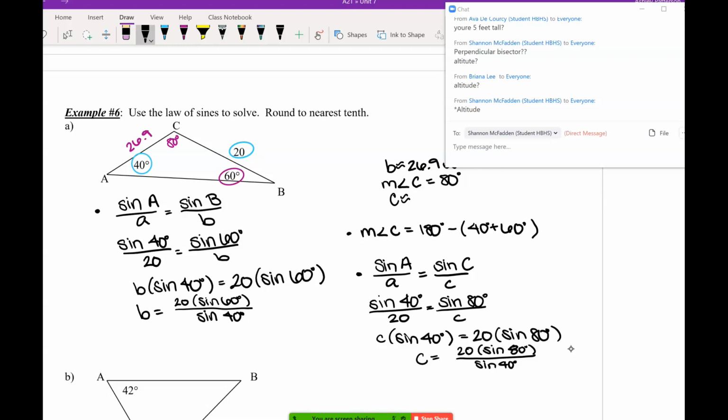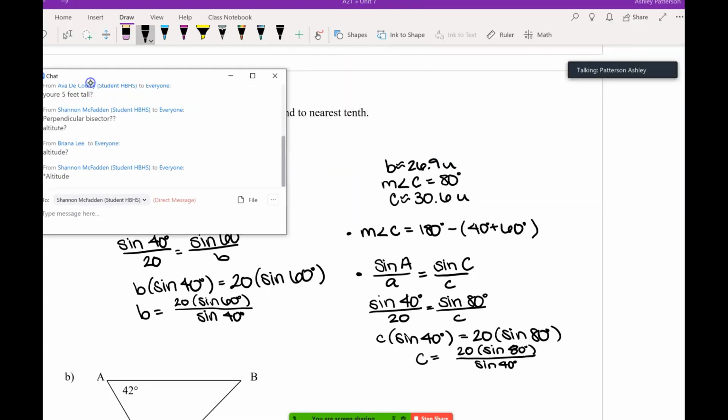Anybody? Nadia, are you typing? Yeah, it was 30.6. Yes, thank you, my dear. 30.6, and we'll round to the tenths. Ladies and gentlemen, we have solved our first triangle with the law of sines.